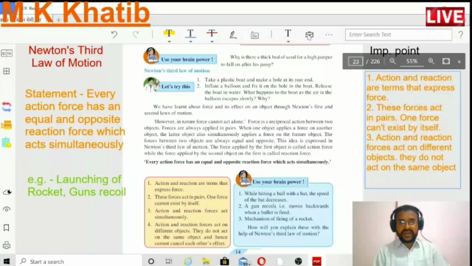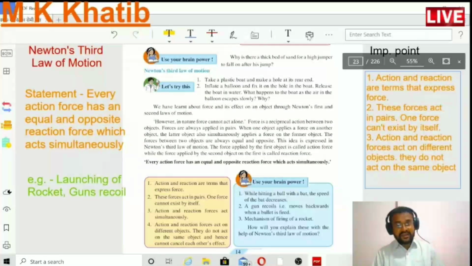Force is a reciprocal action between two objects. Forces are always applied in pairs. When one object applies a force on another object, at the same time the latter object also applies a force on the former object. The forces between the two objects are always equal in magnitude but opposite in direction.